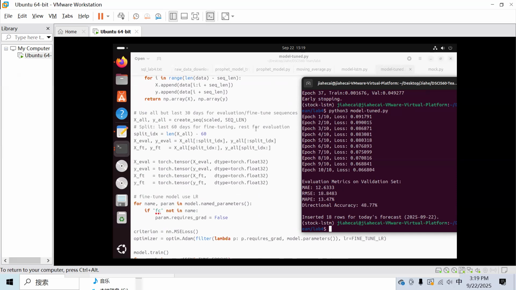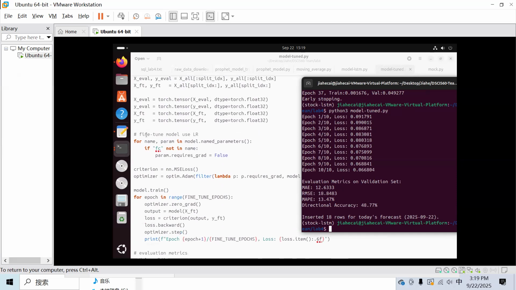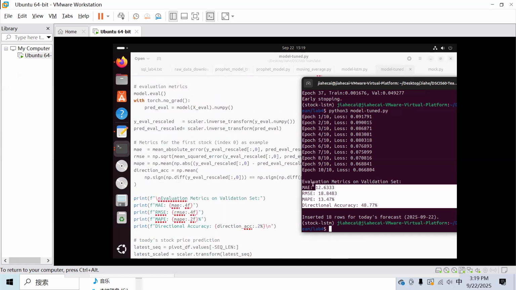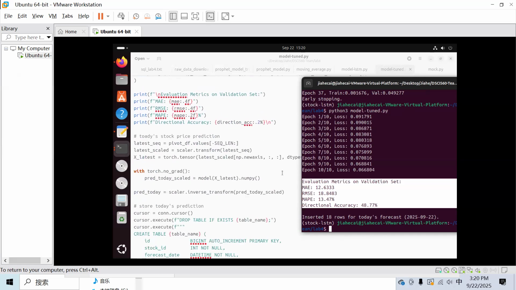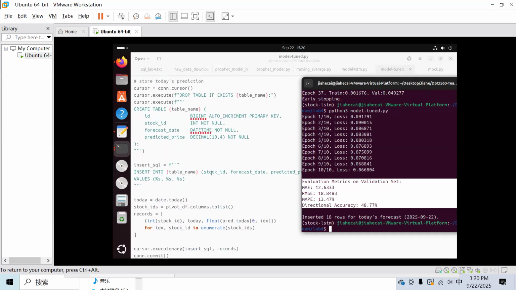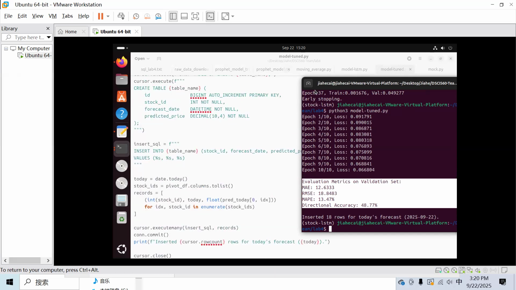I use the last 30 days for evaluation sequences and the last 6 days for fine tuning. The fine tuning uses Adam with MSE. This is my evaluation, using MAE, RMSE, MAPE, and the directional accuracy. Finally, I predict today's stock price and save it in the database.